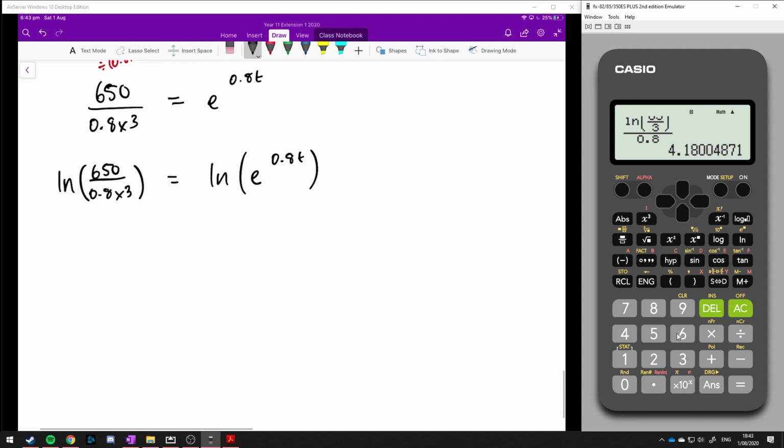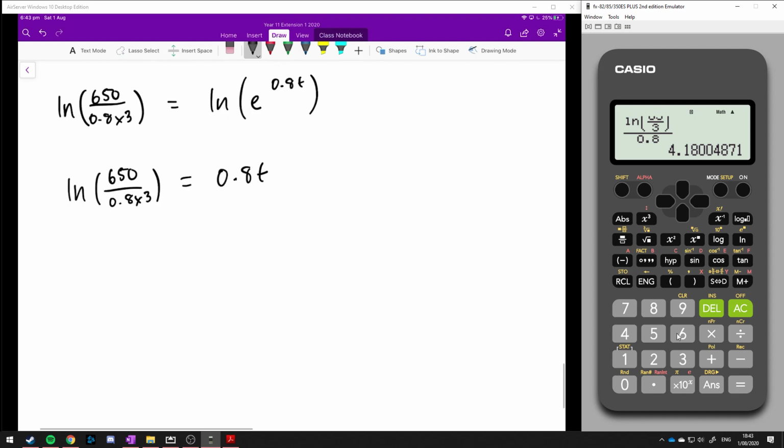Remember our power rule and the fact that the natural log of e is equal to 1. So we have log of 650 on 0.8 times 3 is equal to 0.8t. That means t is equal to the natural log of 650 on 0.8 times 3, over 0.8.